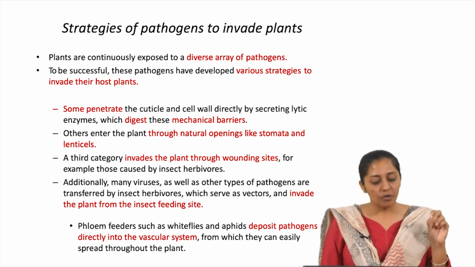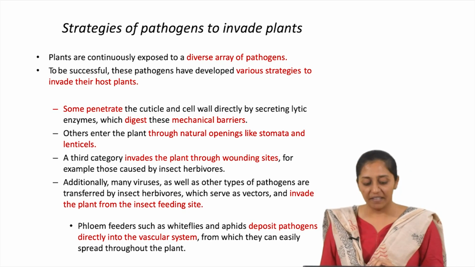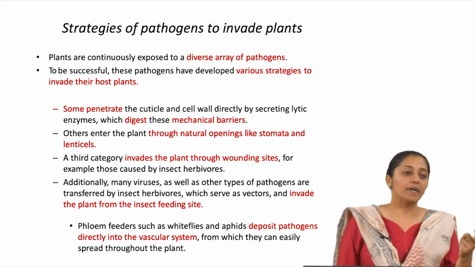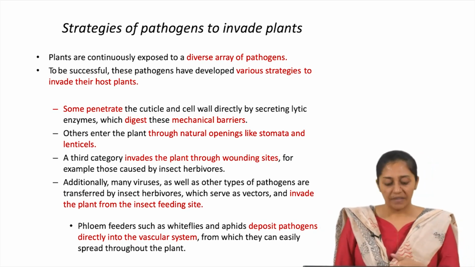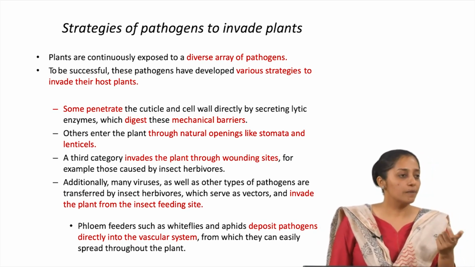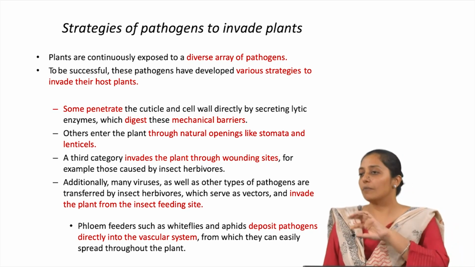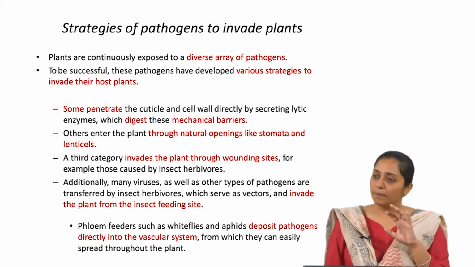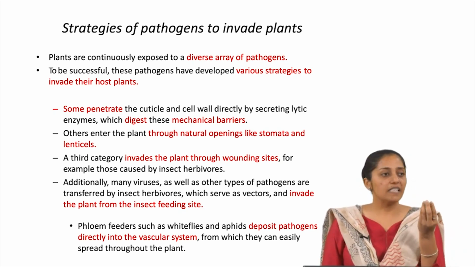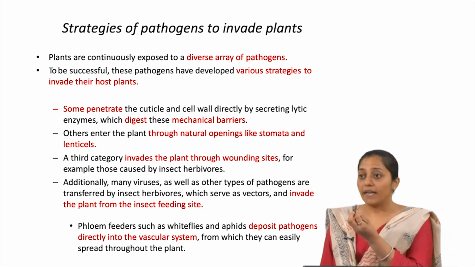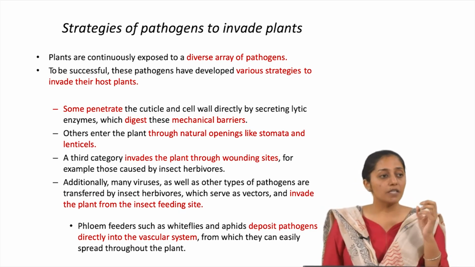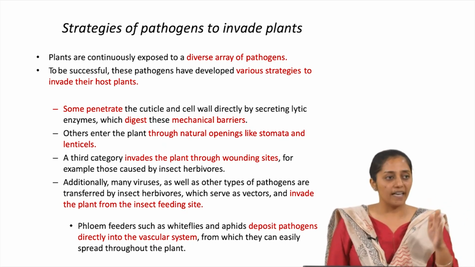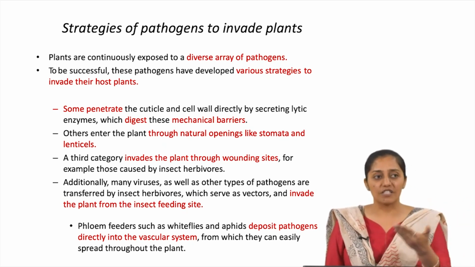Now, others enter the plant through natural openings. Stomata we know is one of the natural openings. It is also written lenticels. Now, lenticels, if you see some of these plants, they have a very rough surface. You can go and type it on Google, you will be able to see these are open spaces, especially in tree species, because in tree species there are many layers of cortex and also gas exchange is difficult.